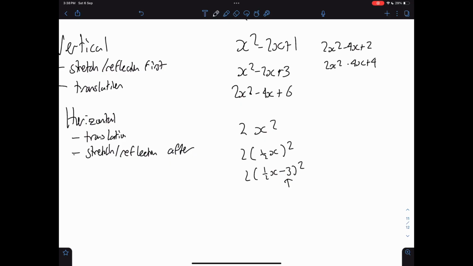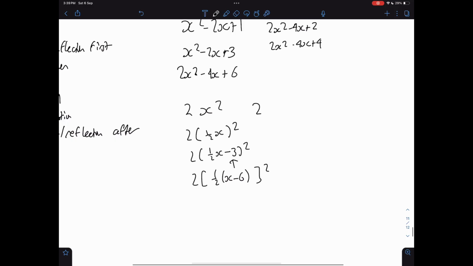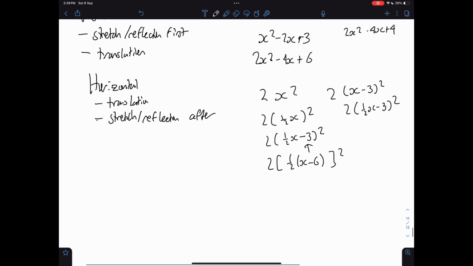It would actually be translating it 6 to the right. What I should have done instead was this. Like that. So that's why I say translation first, stretch, reflection after.